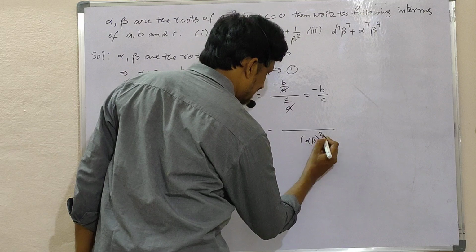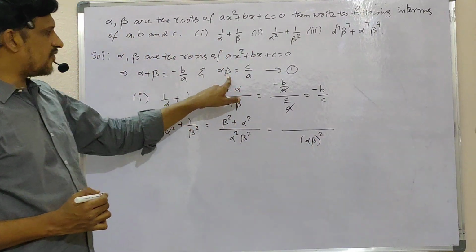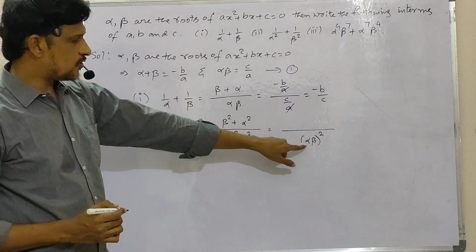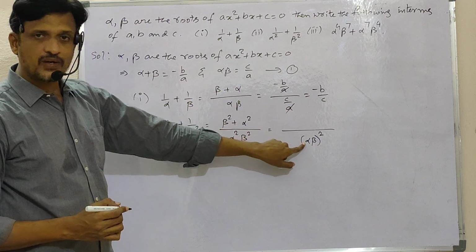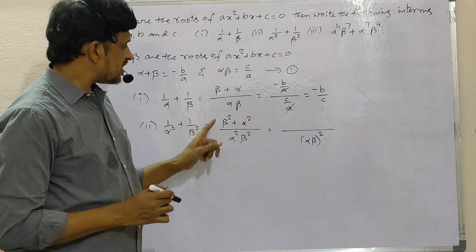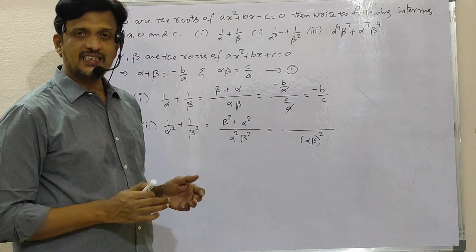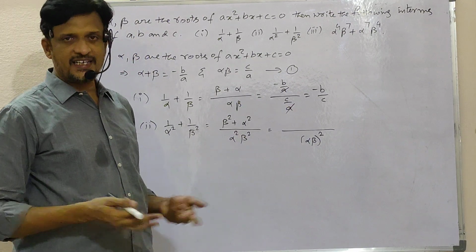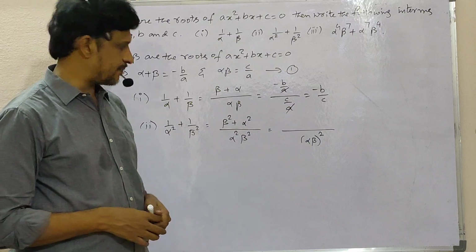The product is given, that is why it is easy. We have the value of alpha beta, that is c by a. So this will be c by a whole square, that is c square by a square. Then what about the numerator? Beta square plus alpha square is the same as alpha square plus beta square. You can interchange, no problem.